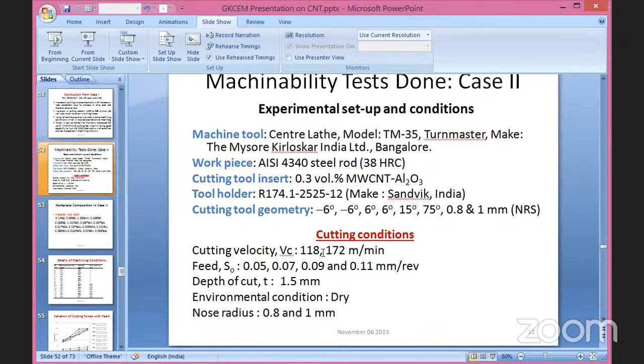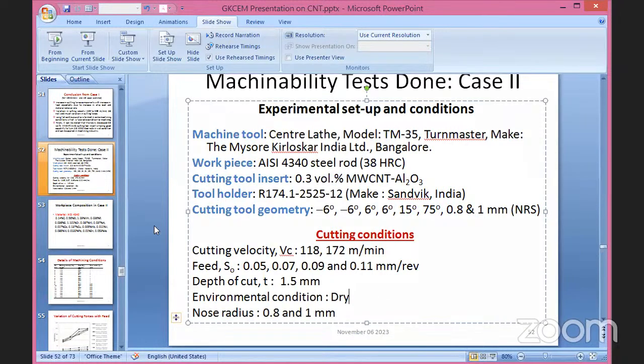Here two cutting velocities are taken, 118 and 172, and feeds are varied 4 times, from 0.05 to 0.11 millimeter per revolution. Depth of cut is chosen as 1.5 millimeter, environmental condition dry, and nose radius is varied from 0.8 to 1 millimeter.